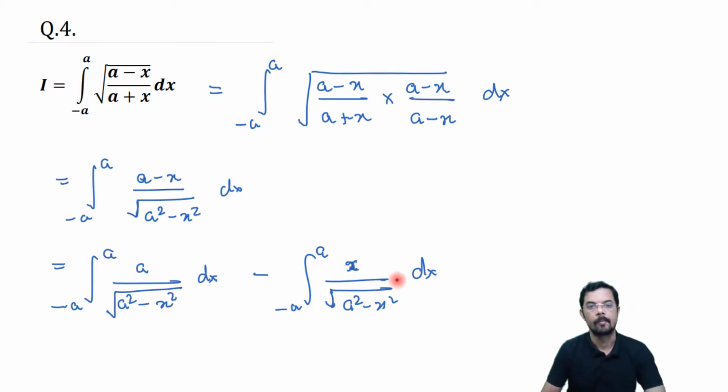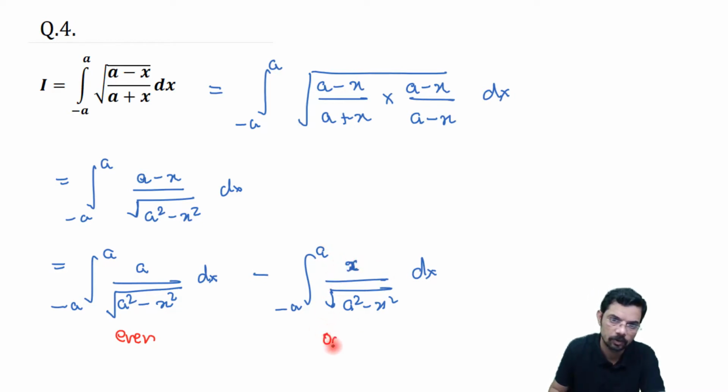Now this part is even, because f of minus x remains f of x. And when you put x equal to minus x, this is minus of x. So this is odd, so this integral will become 0.